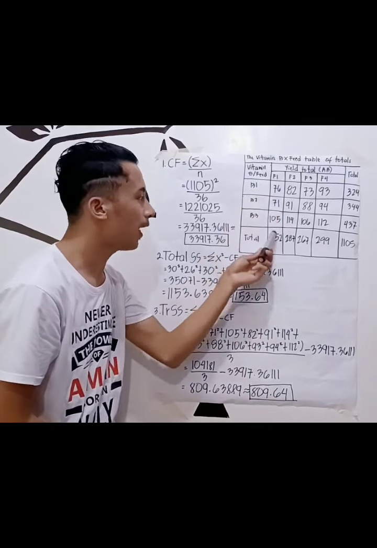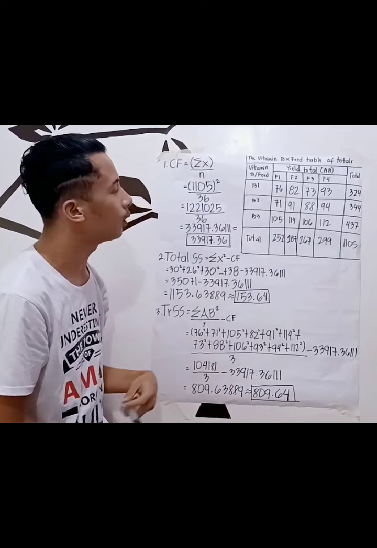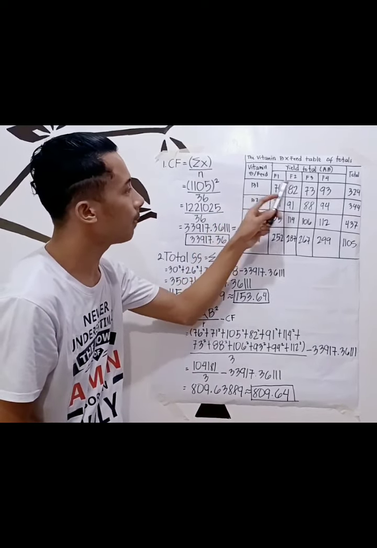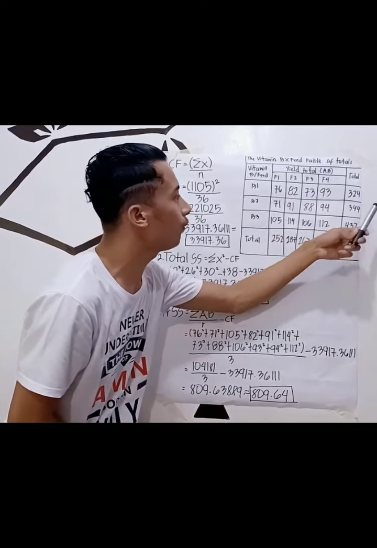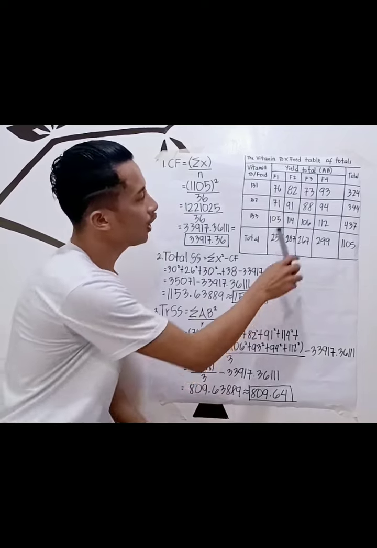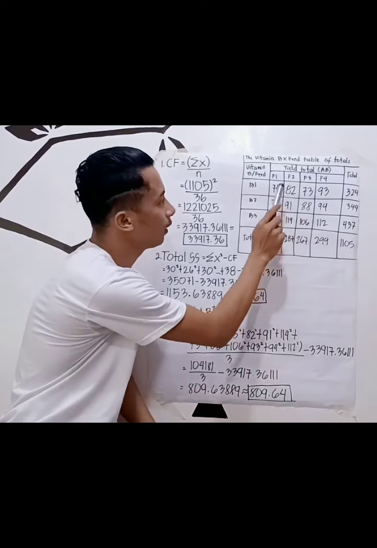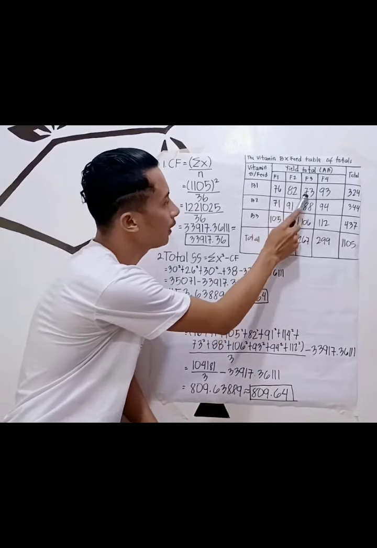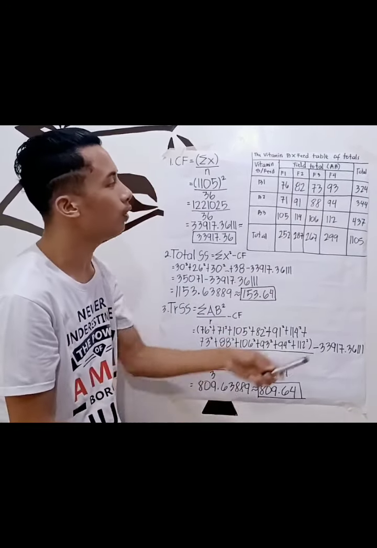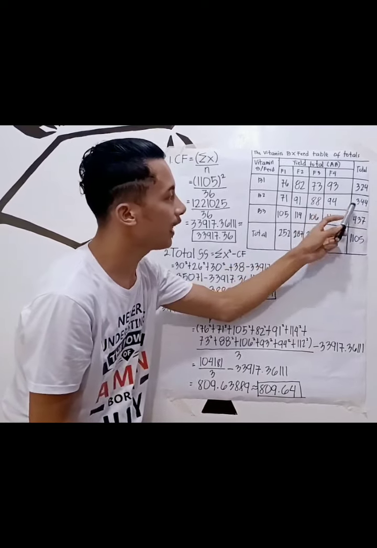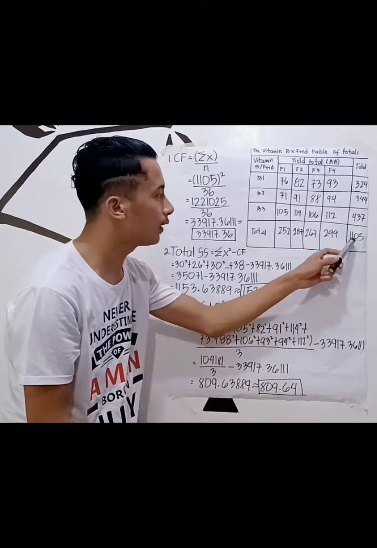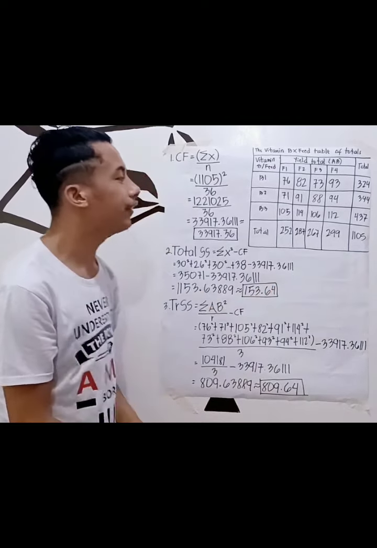Because you add them. Then the totals are 324, 344, 437. 76 plus 82 plus 73 plus 93 is 324. And 324 plus 344 plus 437 equals 1,105.